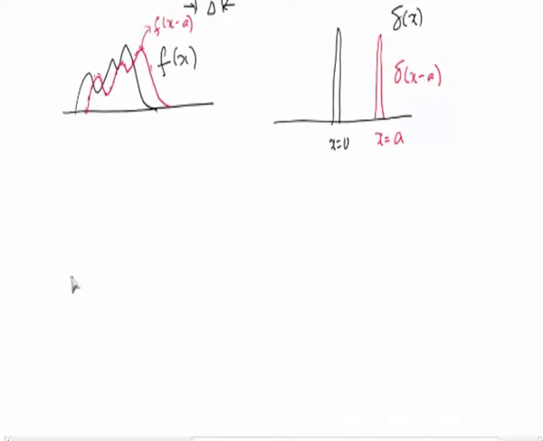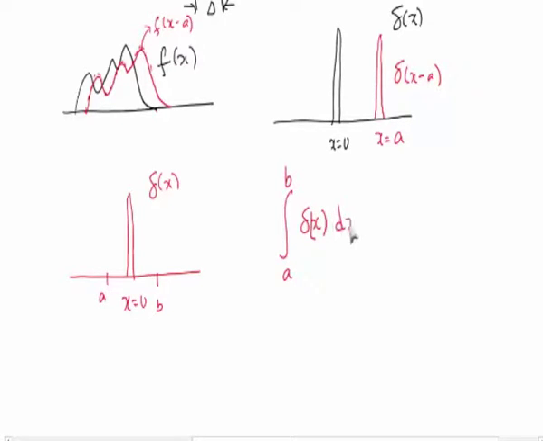Now let us look carefully at what is happening for the integration. Let us say this is delta of x, which is centered at x equals 0. If I take the integration between any a and any b, the integral of delta of x dx from a to b, where a is less than 0 and b is greater than 0, then by construction this is 1.